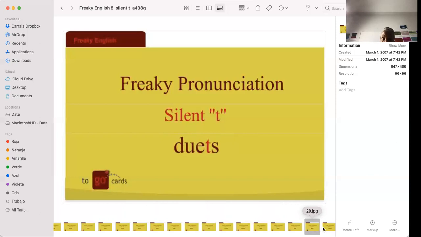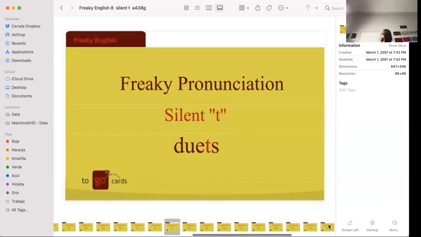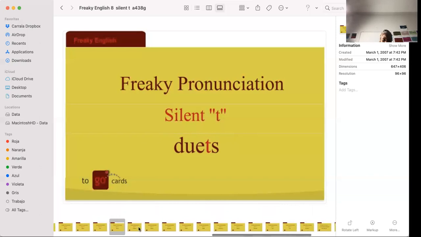Once again, that's French. The T is not pronounced. Two people singing a duet. Duets. I don't think I'm pronouncing that T. Students, right? I don't think I'm pronouncing the T.